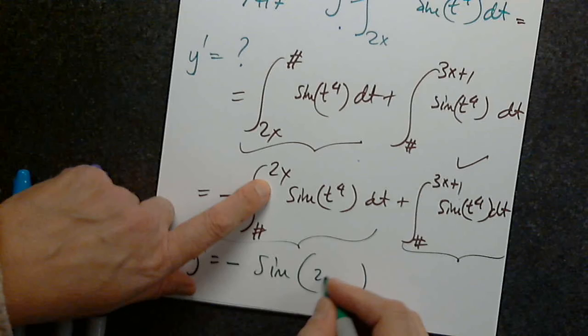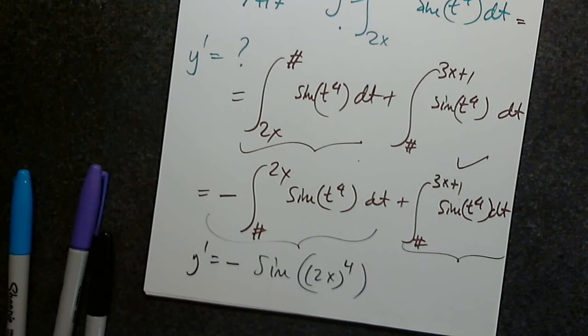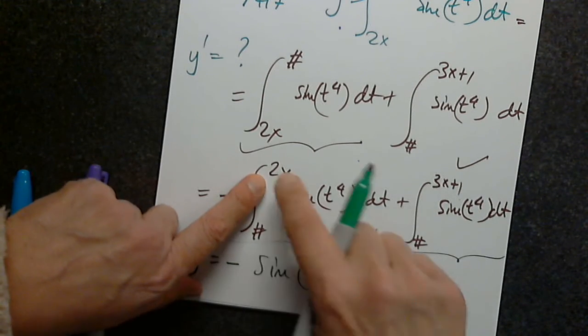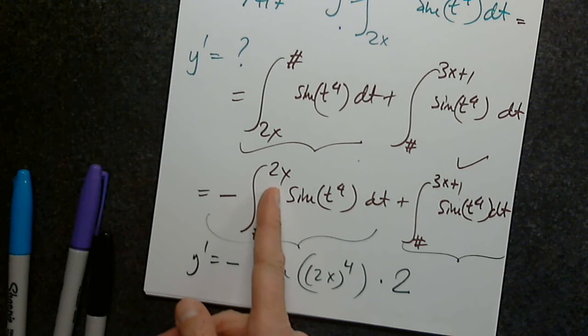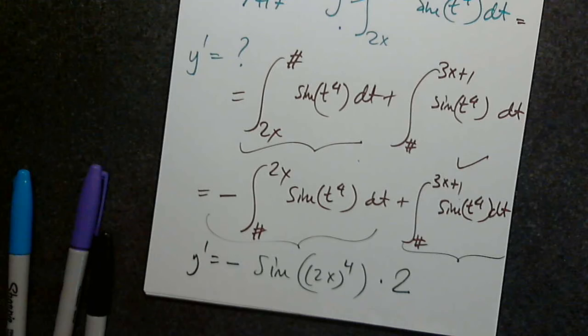It must be 2x to the 4th power. And then I have to differentiate by the inner function, which is 2. If it were just x, I would have written just sine x to the 4th and nothing else, because x prime is 1. But since this is not plain x, but a function of x, twice x, then I have to differentiate by the inner function prime.